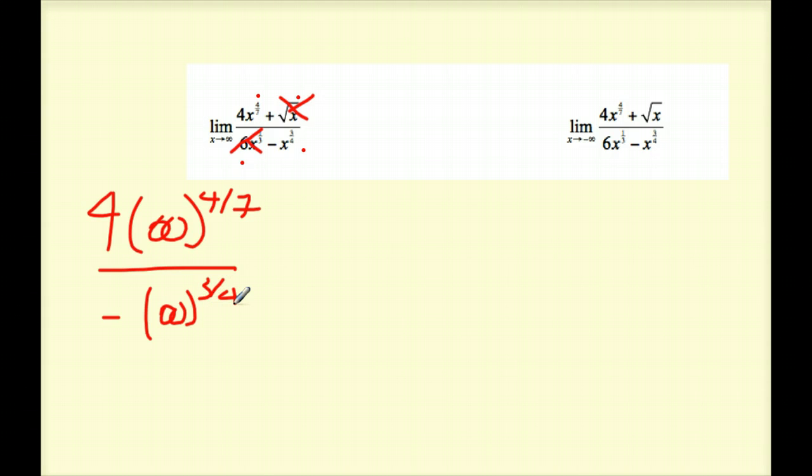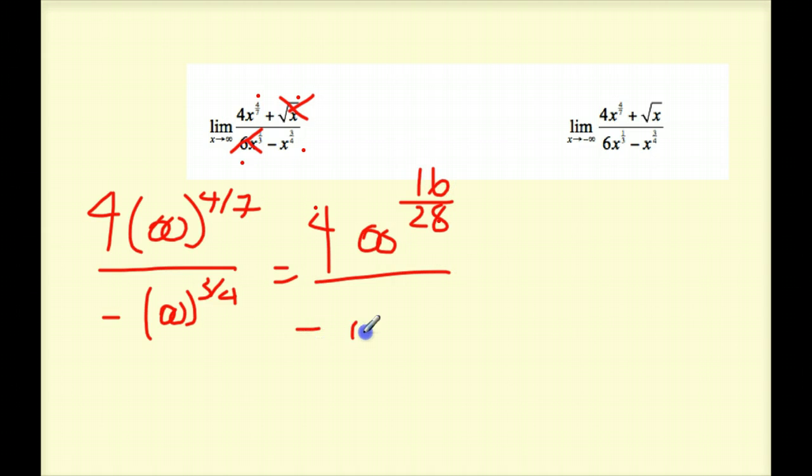So let's go ahead and find our common denominators and see what happens to this. We get a common denominator of 28. So if this is 28 divided by 7, that gives me a 16 on the top. Over here, negative infinity to the 28 over 4 gives me a 21. As we can see, the bigger exponent is at the bottom, so that means this one is getting a lot bigger faster.